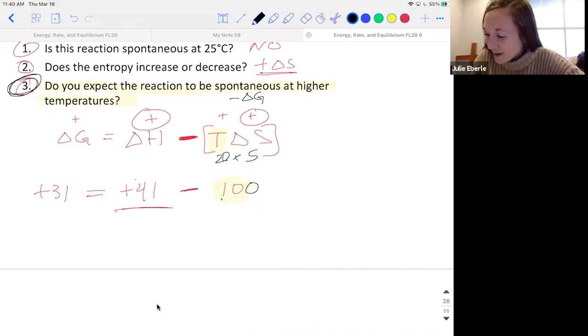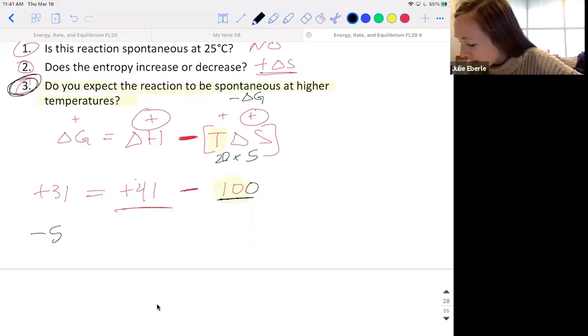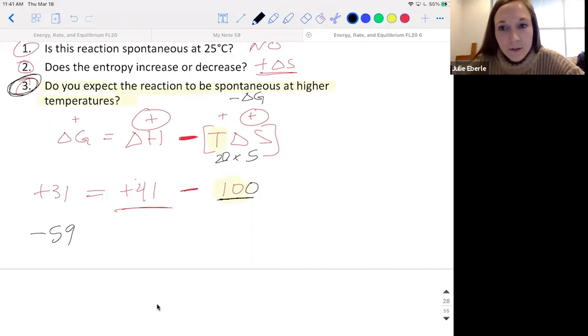Positive 41 times minus 100, is that going to give you a positive or a negative delta G? That's where I'm headed. Negative, okay? In fact, that is a negative 59, I believe. So you see, we started out with a small temperature. We said the temperature was just a 2.